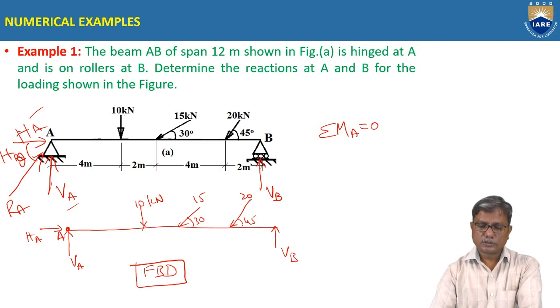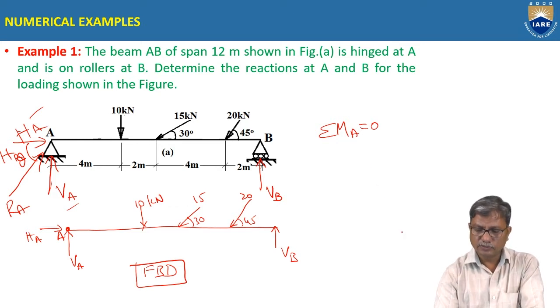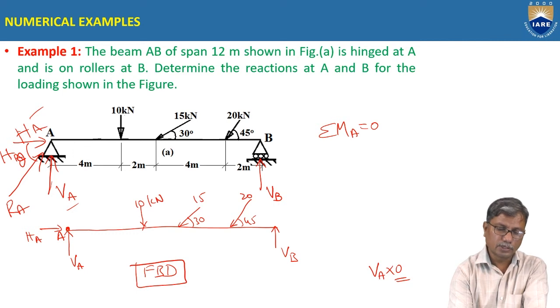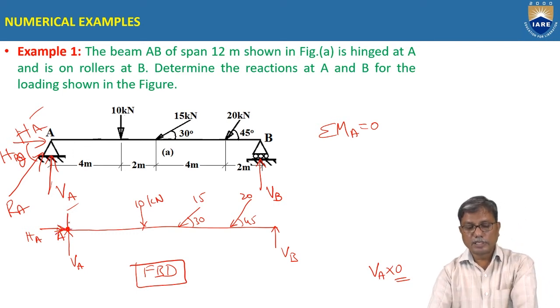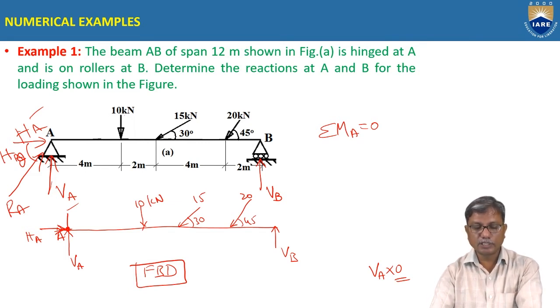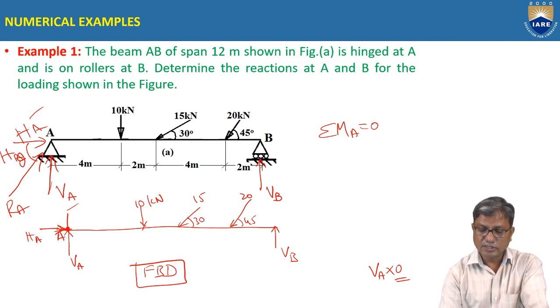You know that moment of a force is force multiplied by distance. Here the distance of VA from A is 0 because it is passing through the point. Similarly HA is also passing through the point. So they will produce 0 moment about A. That means we can eliminate these two from the equation now. So what will you have then?